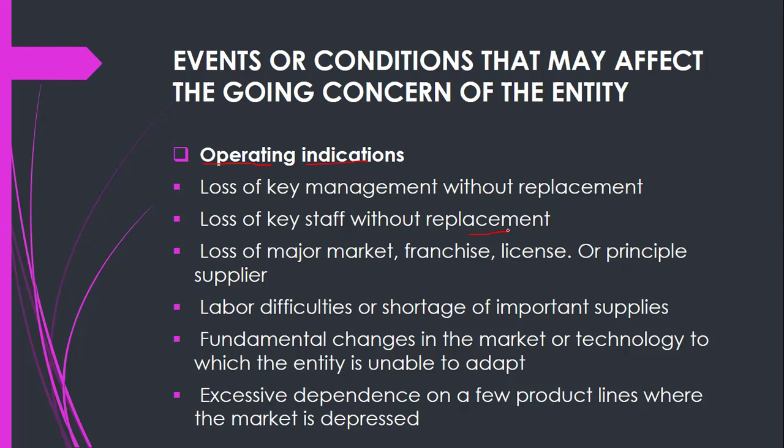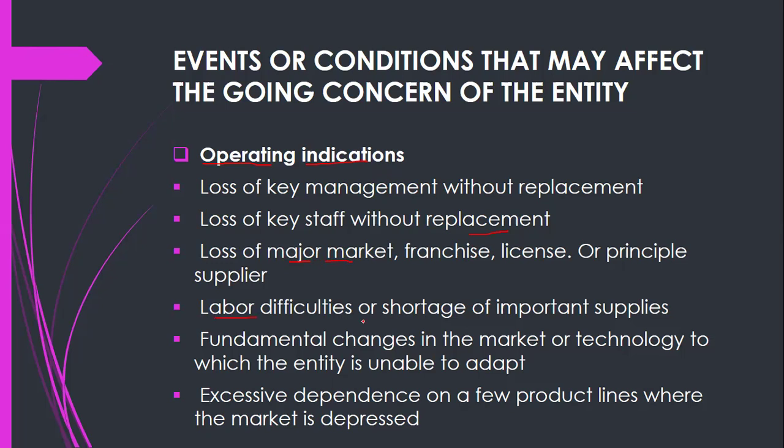So loss of major market. A company has got a major market. Maybe it's a manufacturing company that produces drinks, and its largest market is university students. Then a competitor comes into the market and takes the majority of the students, and it's no longer selling the drinks to that particular market. Then it means that company has a going concern problem.